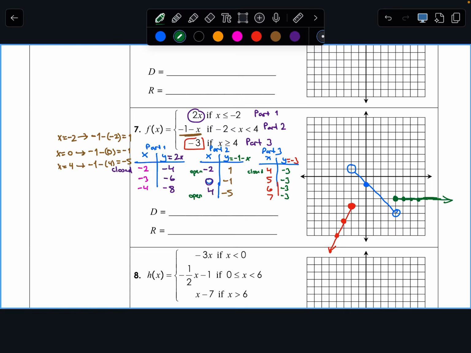I'll stop. It's an open circle, right? But I need to see if there's a closed circle or some other circle to let me keep going. Well, guess what? There's a closed circle right here. So that means I can keep going and it goes on forever. So there was no break in the action. Therefore, what's the domain for this problem? Negative infinity to positive infinity.